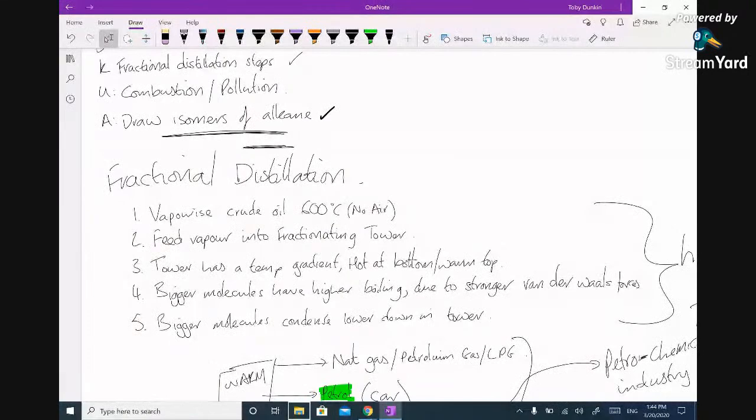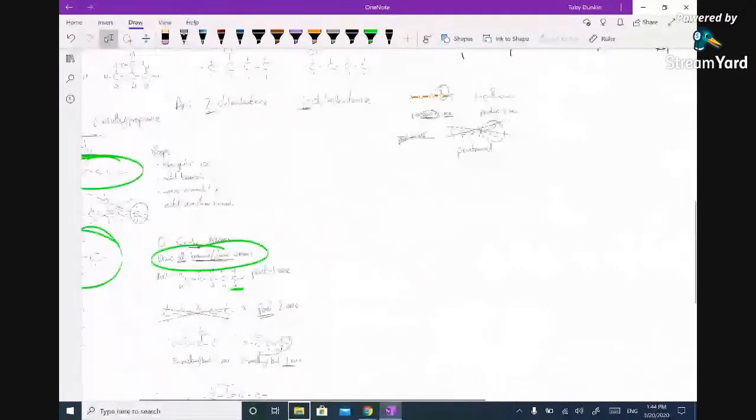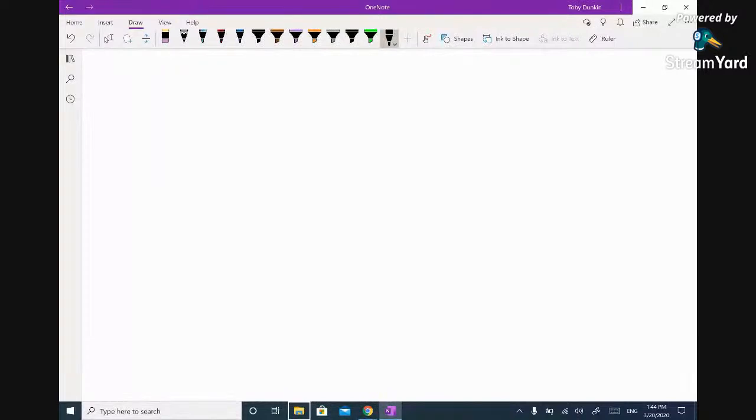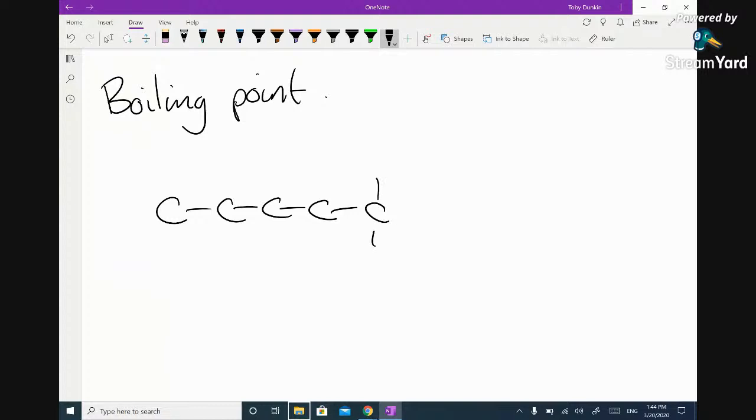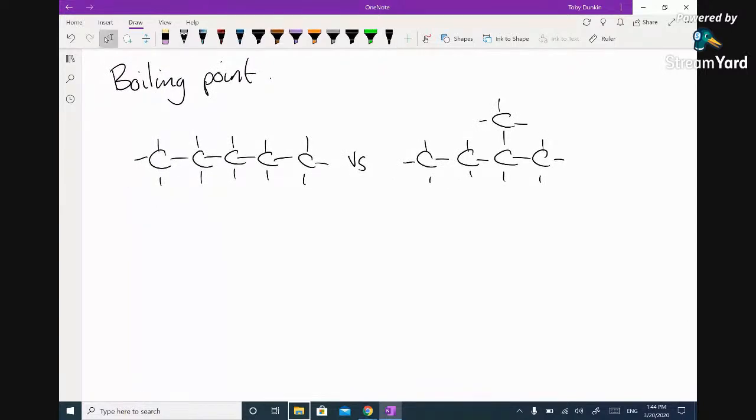I do just want to link one of these isomerisms to the fractionating tower. So one of the things that you guys have to know in terms of boiling point is that if you have a straight chain isomer such as pentane, and you branch it, you compare it to its branched cousin, what we notice is there is a discrepancy in the boiling point of about 5 degrees.